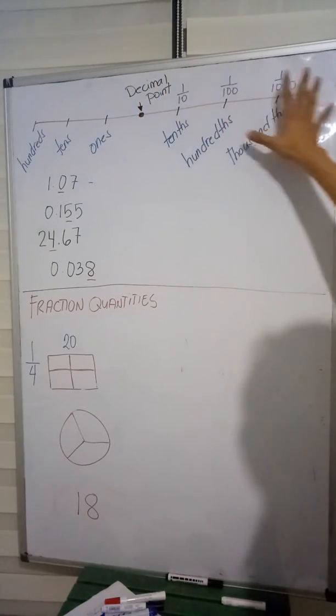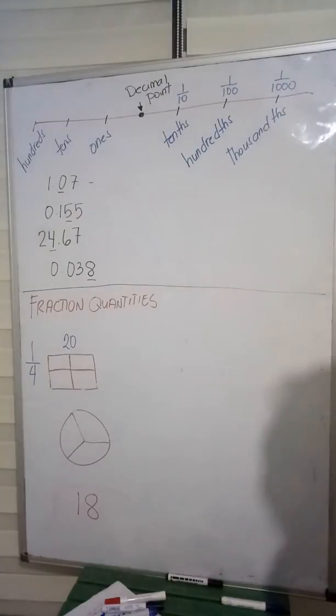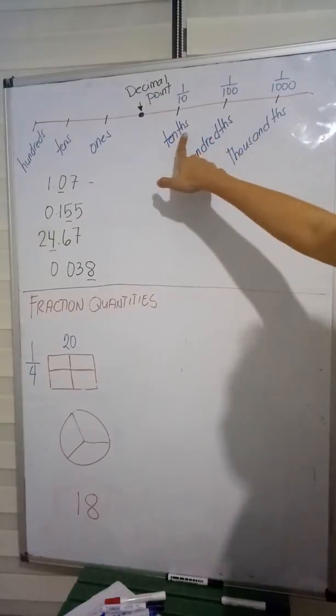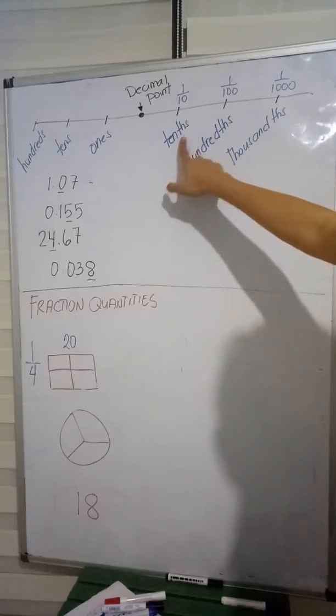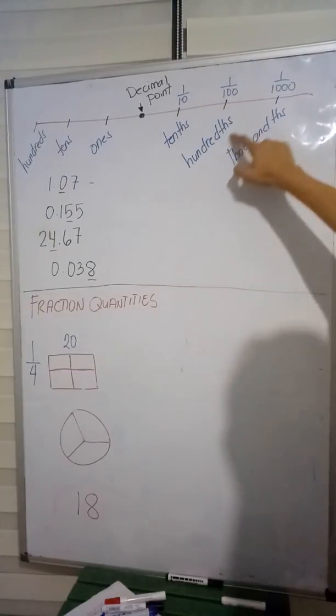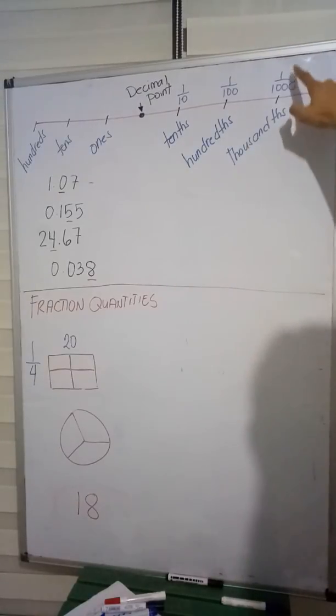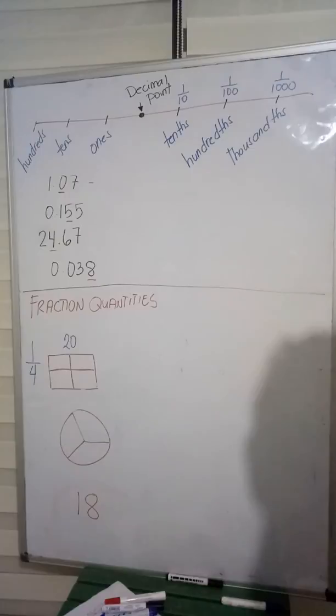And on the right side from the decimal point, that is where we will find our fractions. The first one is tenths, or 1/10, then hundredths, or 1/100, thousandths, or 1/1000, and so on. But let's just stop at thousandths.